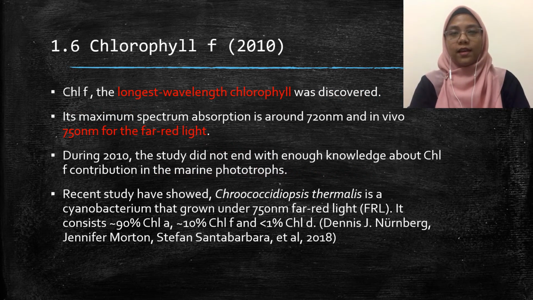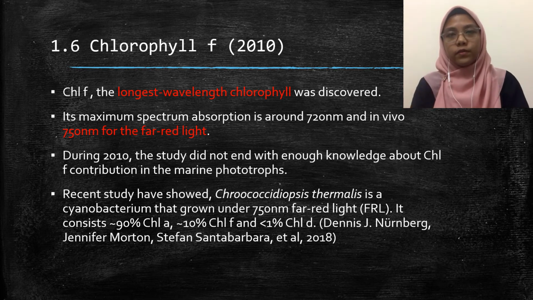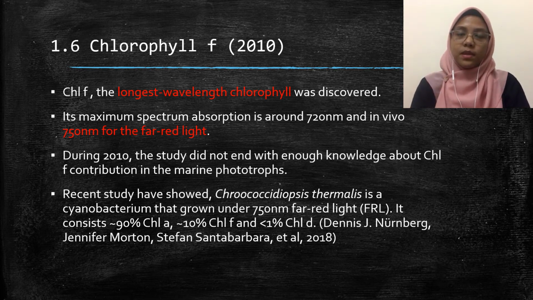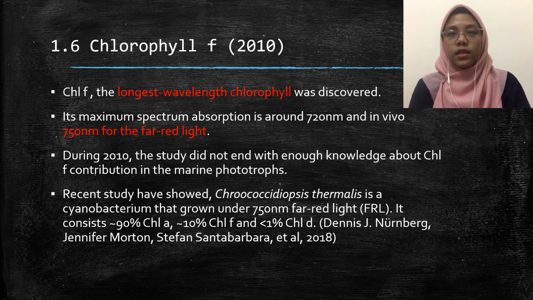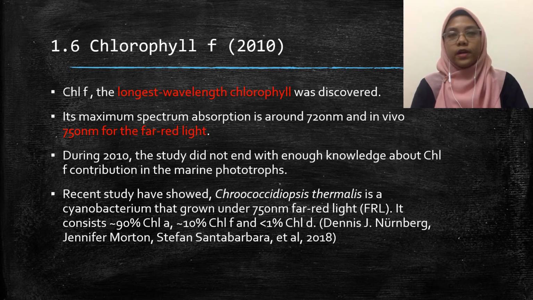1.6, chlorophyll f in 2010. Chlorophyll f is another red-shifted chlorophyll and the longest wavelength chlorophyll that has been found. Its maximum absorption is around 700 to 720 nanometers, and in vivo 750 nanometers for far-red light.